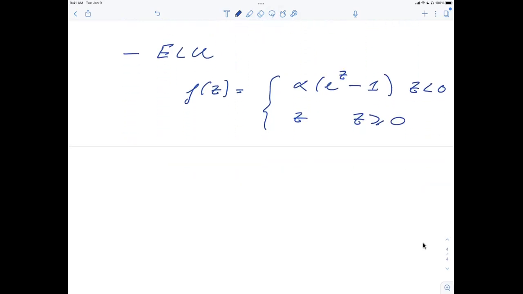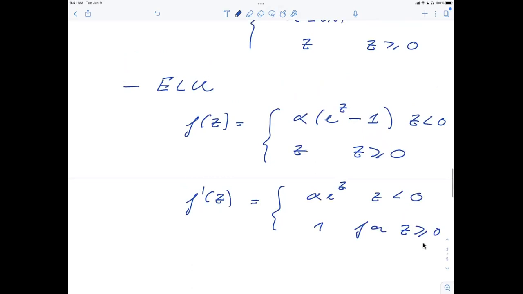These are just some of the functions, and if I take the derivative of the ELU, what I get is something which is pretty easy to implement numerically. I would have alpha times e to the power of z when it's less than 0, and just 1 when it's larger than or equal to 0.